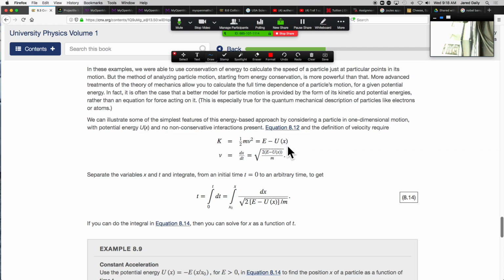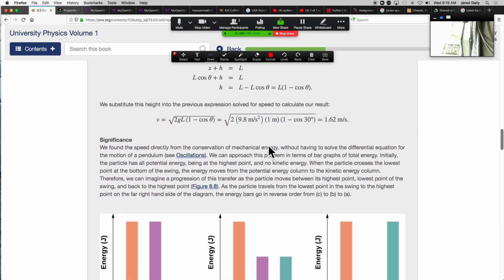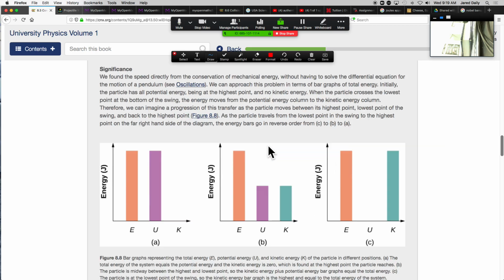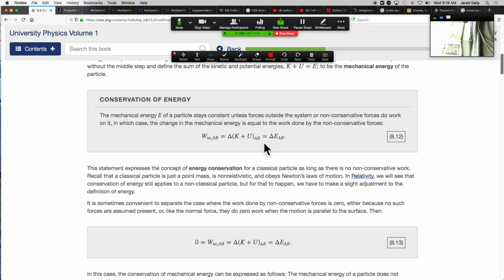This is actually a very interesting thing that they do here. What they're doing is taking the kinetic energy, setting it equal to the total energy minus the potential energy, because in reality, this equation right here is equal to the total change in energy, which is what they have written right here.